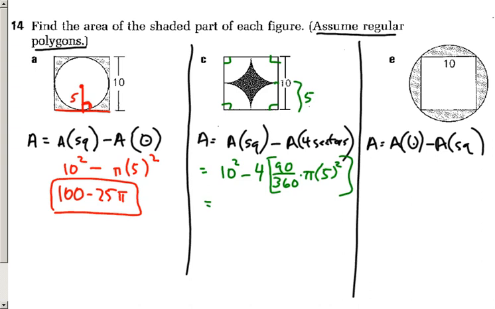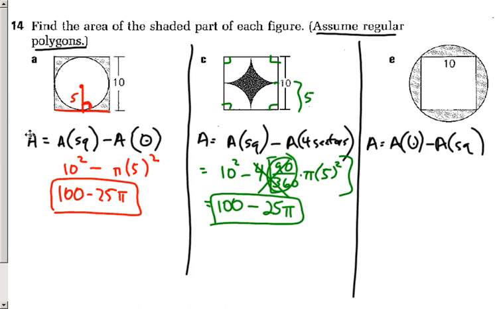Okay, so what I get there is basically 4 times, this right here is like 1/4, so 4 times 1/4 actually cancels those out entirely. You could just plug it in your calculator, but just so that I don't have to, I know that little trick, so it's 100 minus 25 pi. And it looks like the first 2 questions have the exact same area, which is kind of interesting. But if you look at them, and if you think about it, it kind of makes sense.